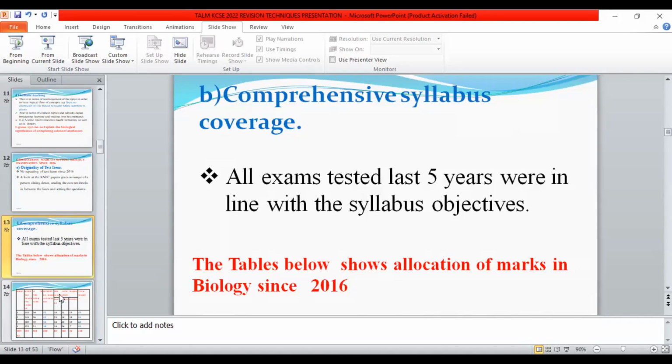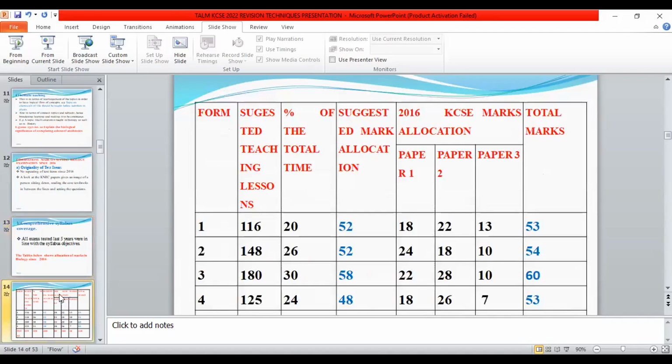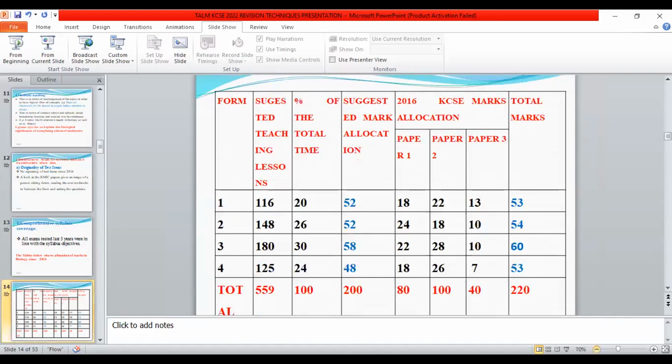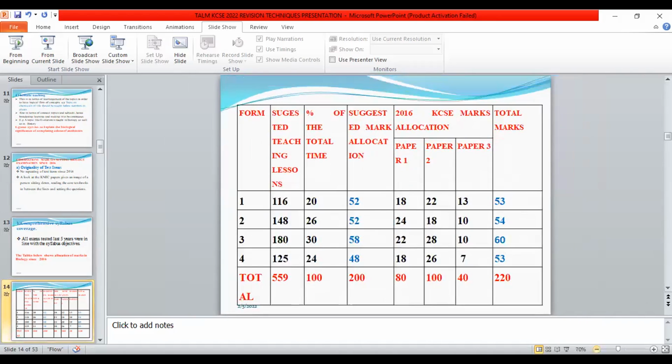I want us to look at allocation of the marks in KCSE since 2016, in order for us to know that once our students have not covered the syllabus comprehensively, they may not be able to do well in biology. So when you look at that table that is projected there, you can see that we have Form 1 to Form 4.